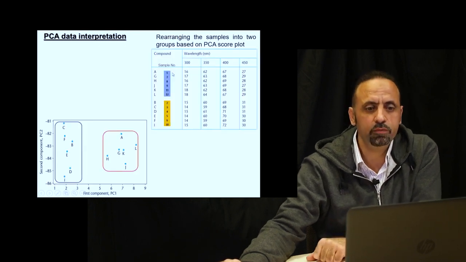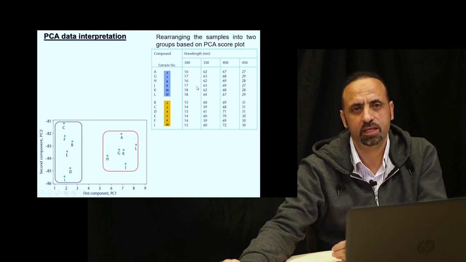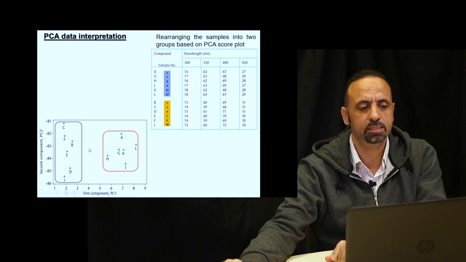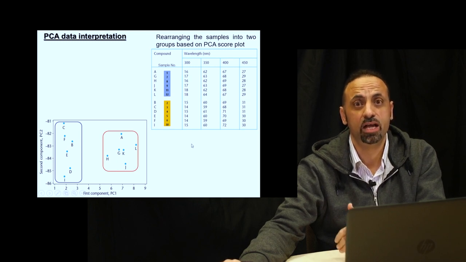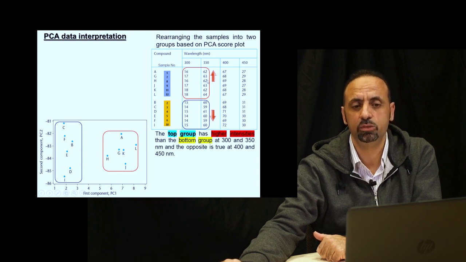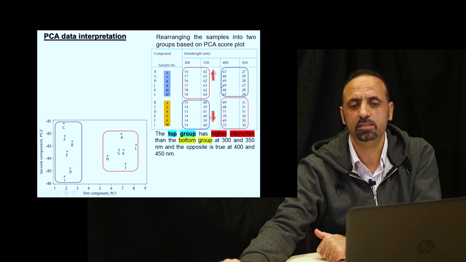Okay, so if you make a reclassification of your data into 2 groups based on these categories, you can figure out something really interesting. For example, you can see here the first group has higher coefficients than the other group, okay? And the other contains lower values than the other one, and so on.